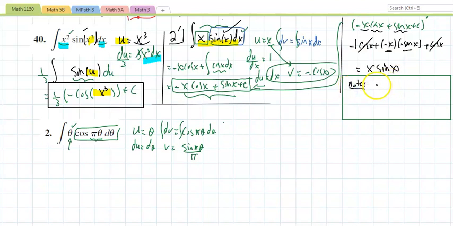If I was to take a derivative of e to the k times x, where k is a constant, that's e to the k times x times k. So if I integrate e to the kx dx, instead of using a u sub, since we're going to be integrating problems that take multiple steps, some 5, 7, or even 10 steps, this is going to be e to the kx over k.